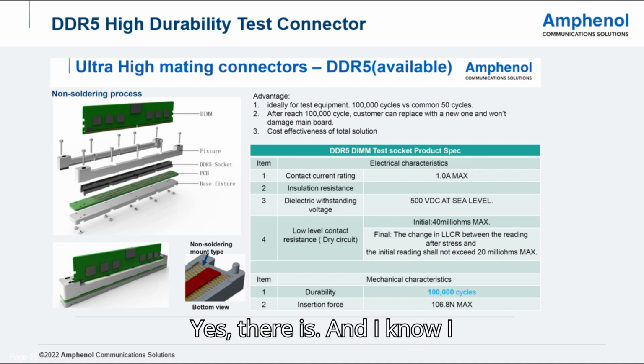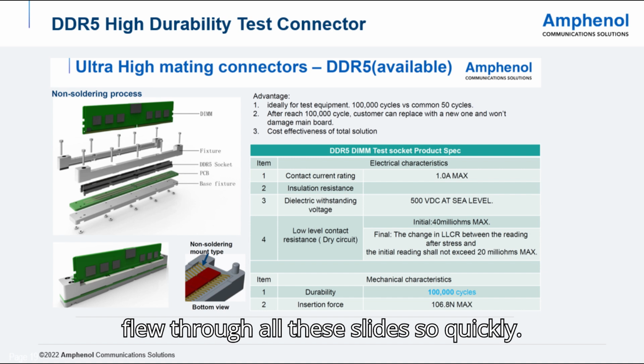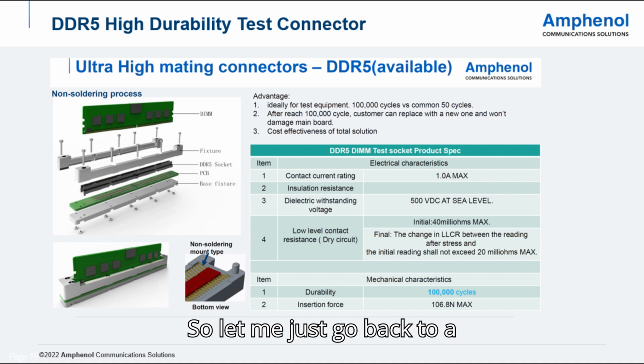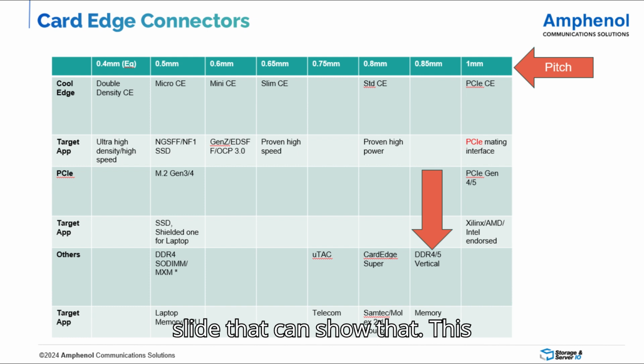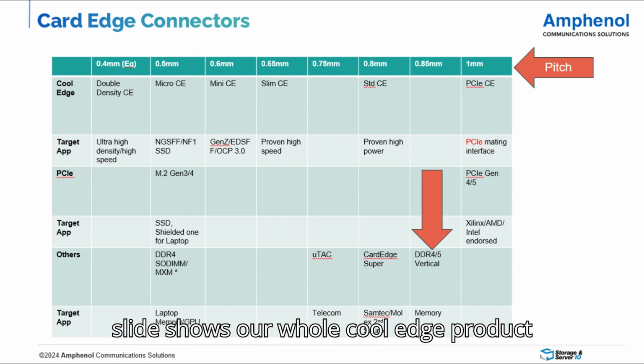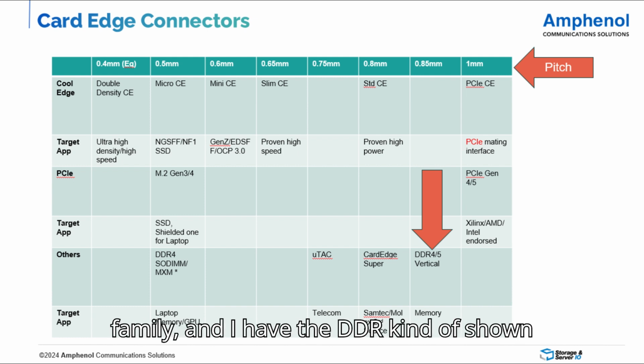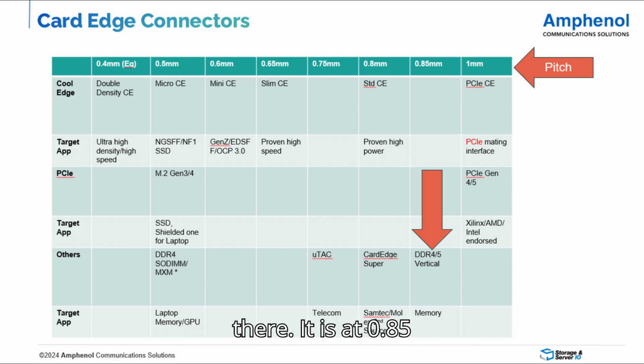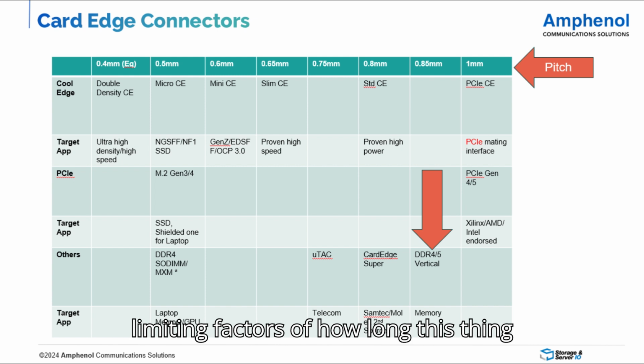Yes, there is. I knew I flew through all these slides so quickly, so let me just go back to a slide that can show that. This slide shows our whole Cool-Edge product family, and I have the DDR shown there. It is at 0.85 contact pitch, and that's maybe one of the limiting factors of how long this thing can get.